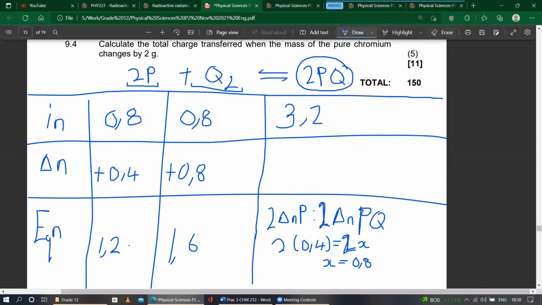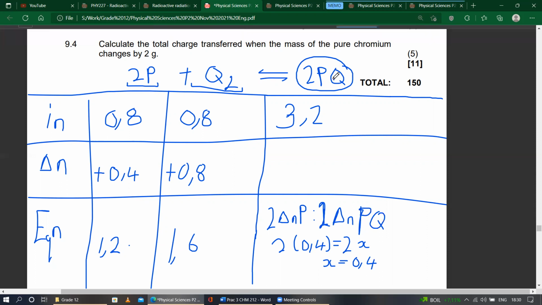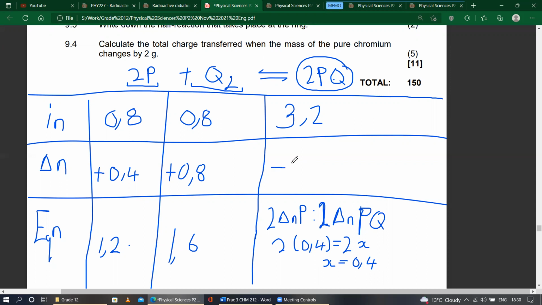Then the change in number of moles of PQ is also gonna be 0.4. But this time, since it's a product and the product is getting converted into reactants, we're not gonna add the number of moles, but we're gonna subtract them. Because now we're gonna have less of the product, but more of the reactants. That's why we add on the reactants and subtract on the product.